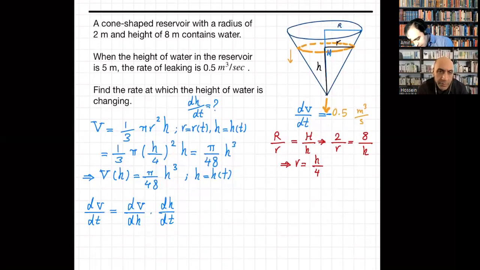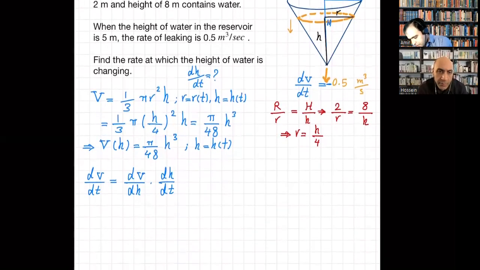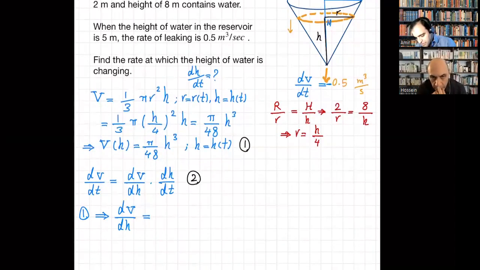Therefore, I need to obtain this term. I call it number one, I call it number two. From one, one is the relationship between V and H. Use that to get dV over dH, I just take the derivative.